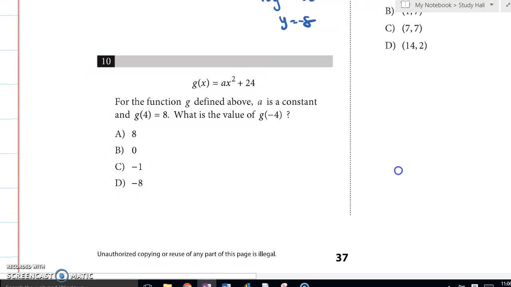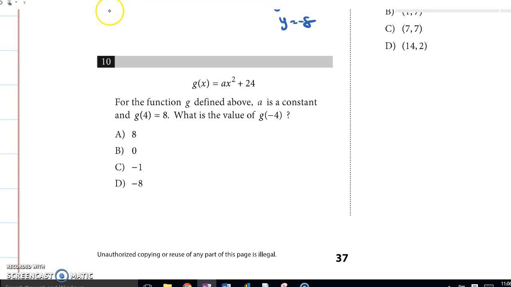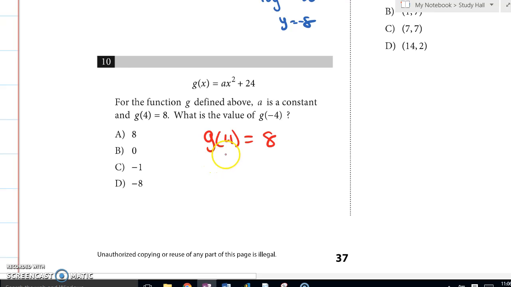Okay, number 10. For the function g defined above, a is a constant, and g of 4 equals 8. When we learned about functions, I specifically remember saying that the statement g of 4 equals 8 is so important for you to understand. What this says is when I plug in 4 for x, I get in the end 8.